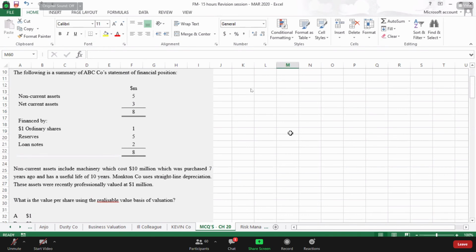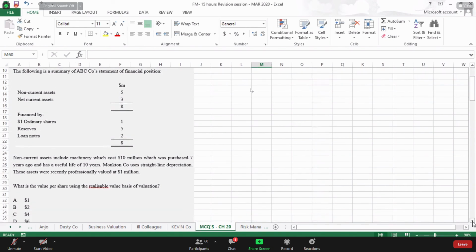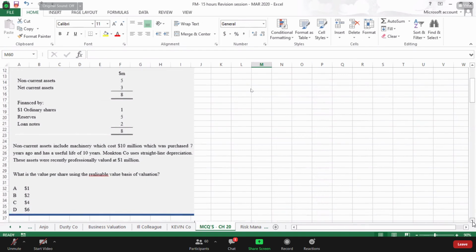Next, shall I go to the next question? What is the value per share using the realizable value basis of valuation? So they've given you the balance sheet.